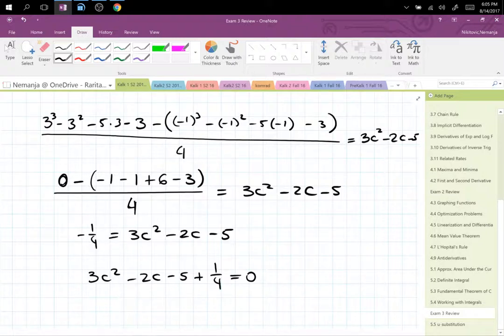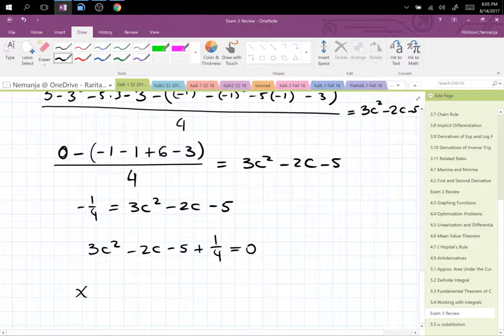What we have as the answer, in approximate form, is x equals either -0.968 or x equals 1.635.